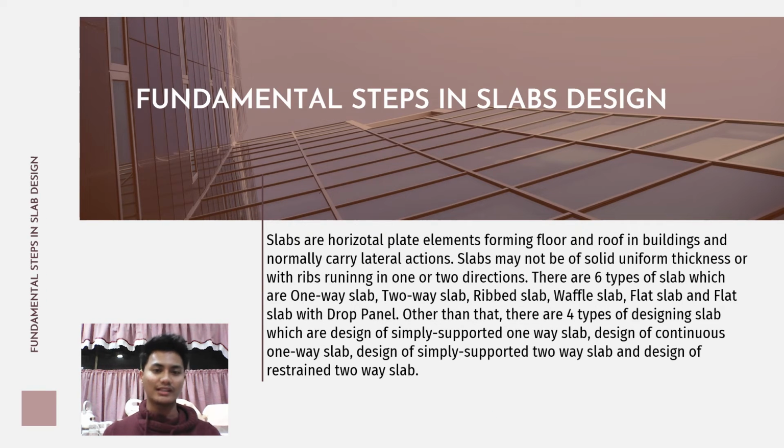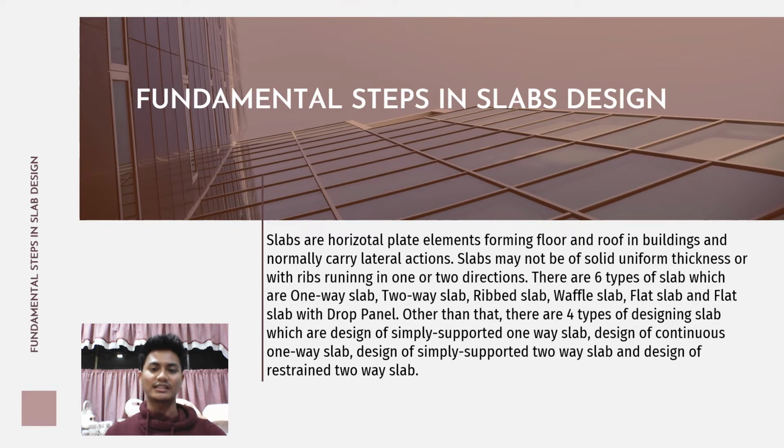Moving on to the last subtopic, which is fundamental steps in slab design. Slabs are horizontal plate elements forming floor and roof in buildings and normally carry lateral actions. Slabs may be of solid uniform thickness or with ribs running in one or two directions.